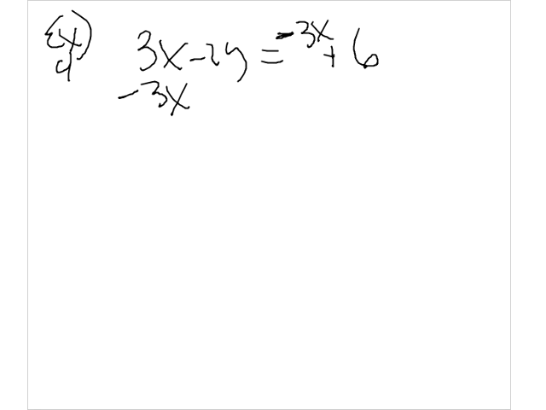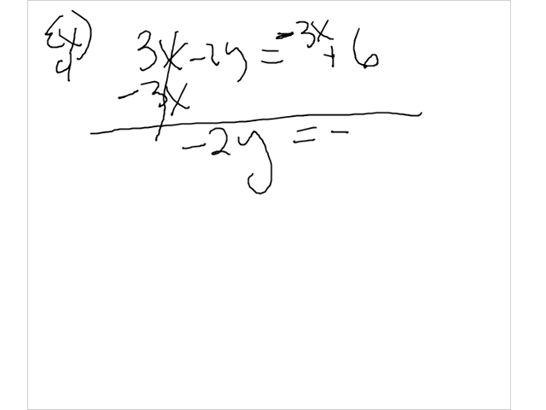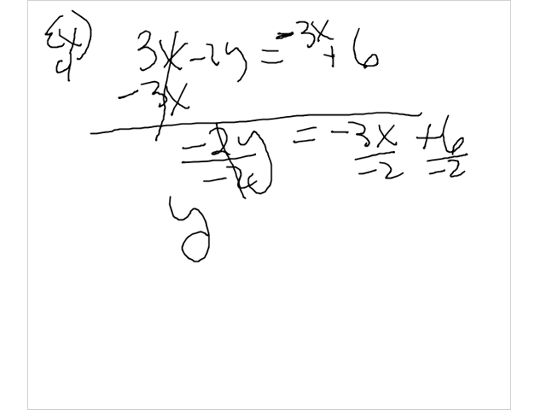We know, of course, the minus 3x and the 6 do not combine, because minus 3x is a variable term and 6 is a number. Then the last thing we do is divide everything by minus 2. So we're really dealing with y is equal to positive 3/2 x minus 3.